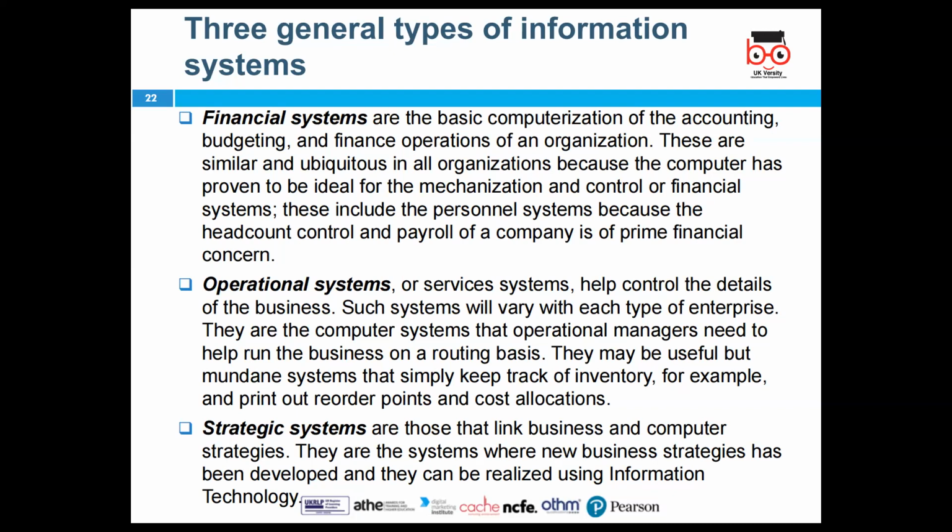This will be similar across organizations because the computer has proven to be ideal for the mechanization and control of the financial system. Operational system, also called service system, will help to control the details of the business, while strategic systems are those that will link the business and the computer strategies.